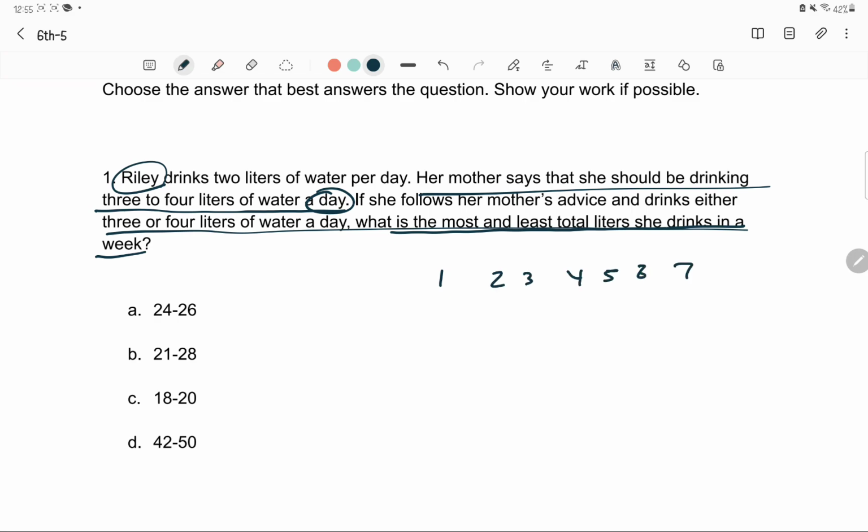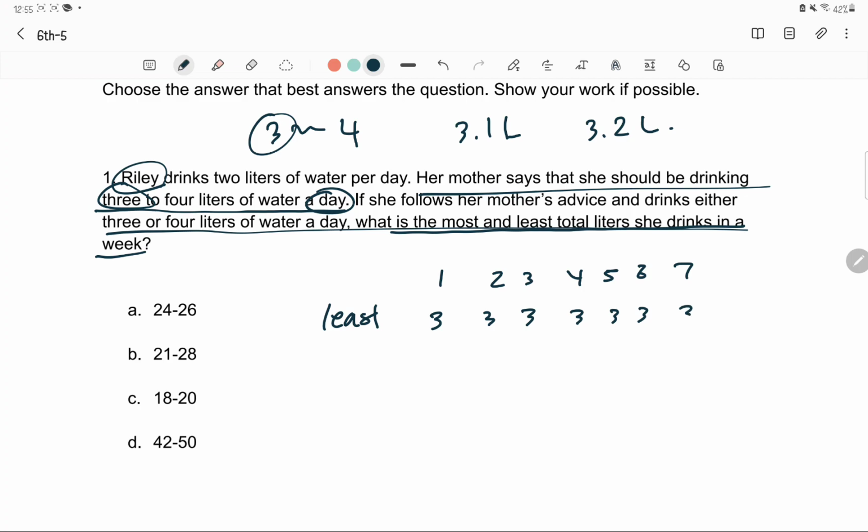Let's say the least amount is that she drinks 3 liters every day, because it's 3 to 4, right? It can be 3.1 liters and 3.2 liters, but the least amount is 3. She drinks 3 liters every day in a week, which is 3 times 7, which is 21.